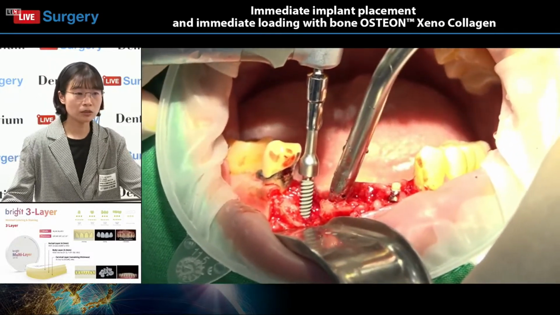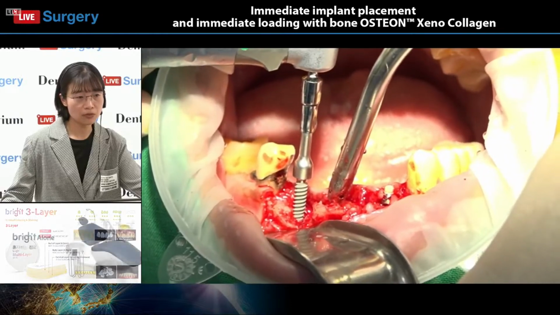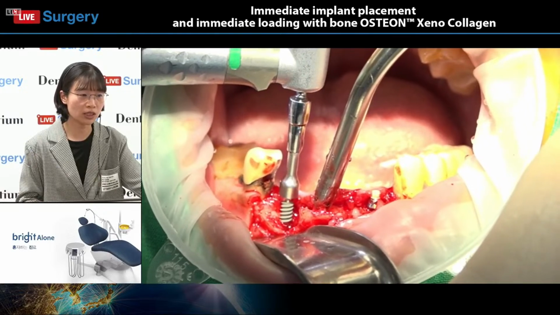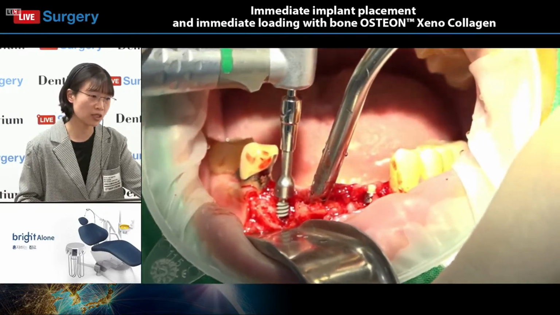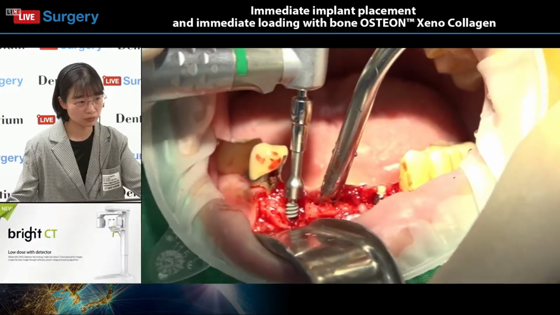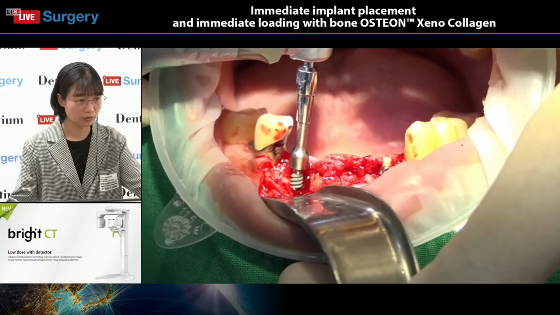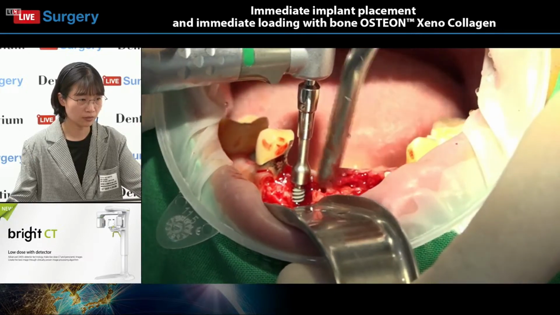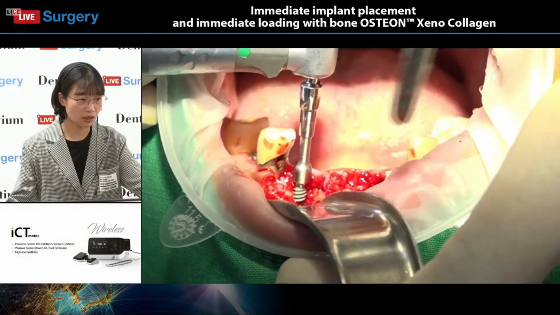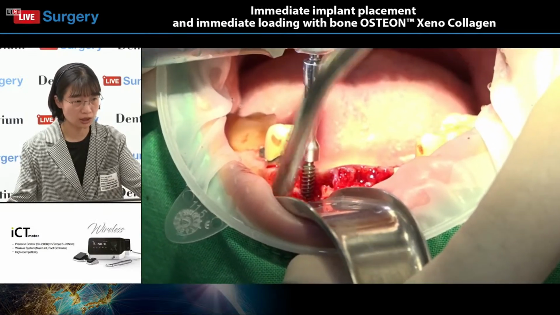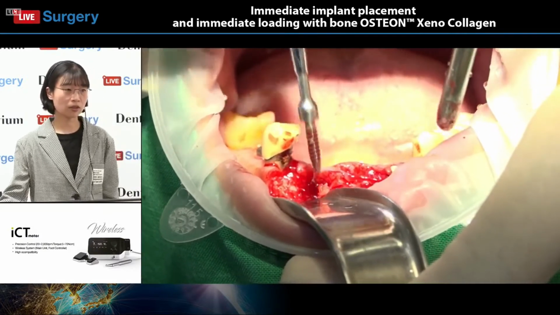Like the 32 implant, he did it with just one drilling, and then now he placed the implant. I think he increased the torque. Now he uses the lever.